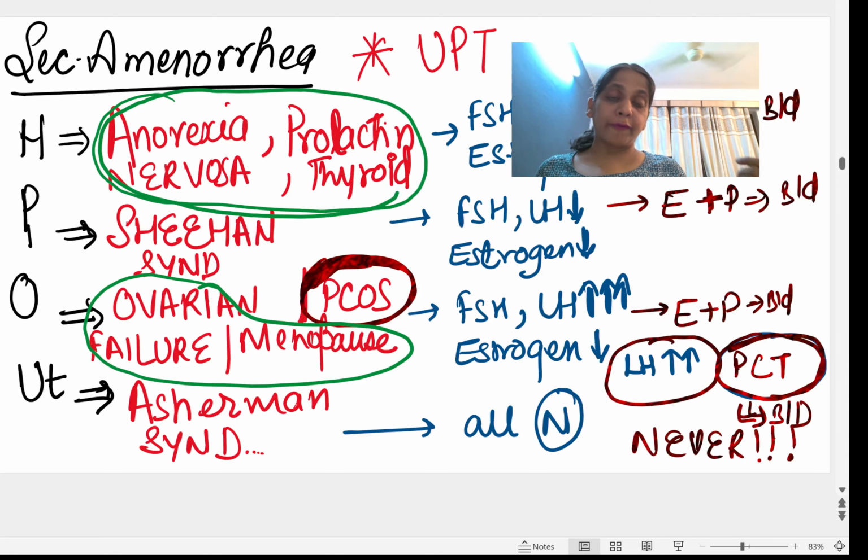And it usually occurs because the more the hyperlipidemia, the more the cholesterol, the more obese the patient, the more estrogen is formed, and the more the endometrium undergoes proliferation.